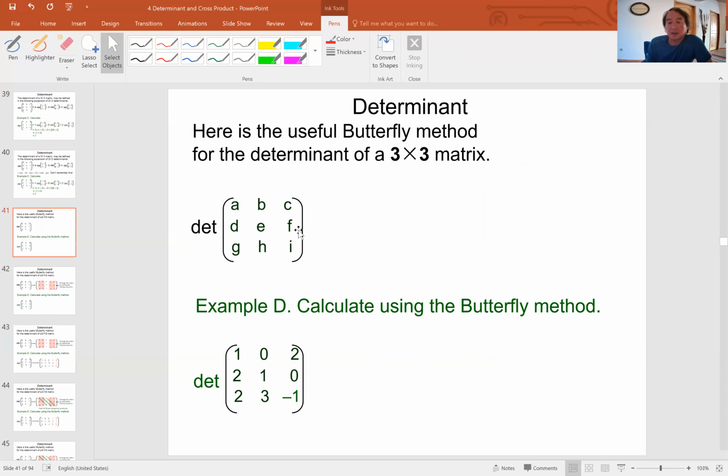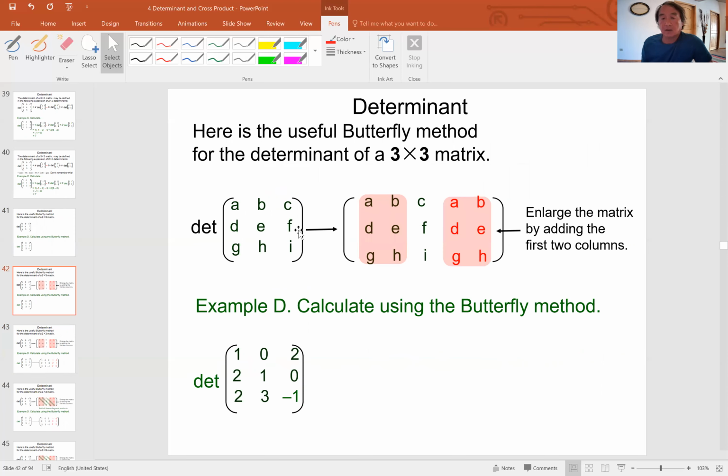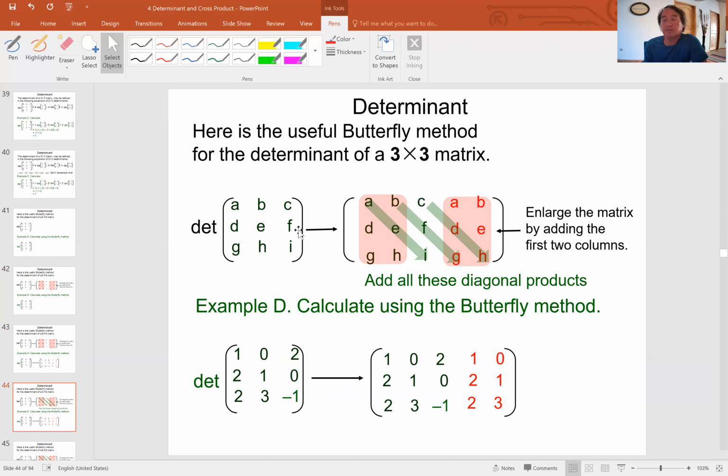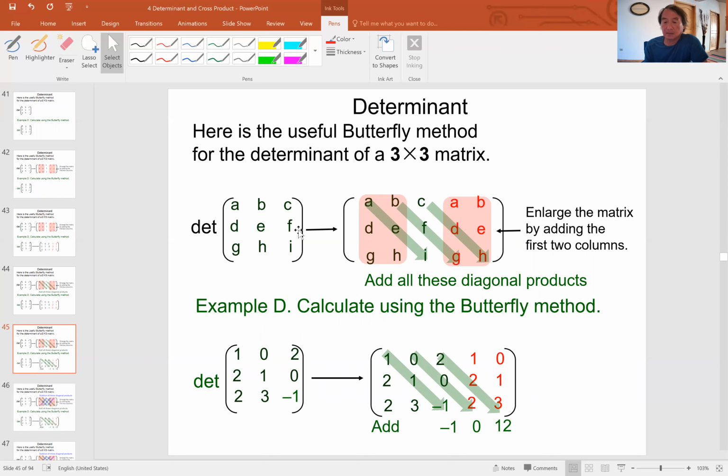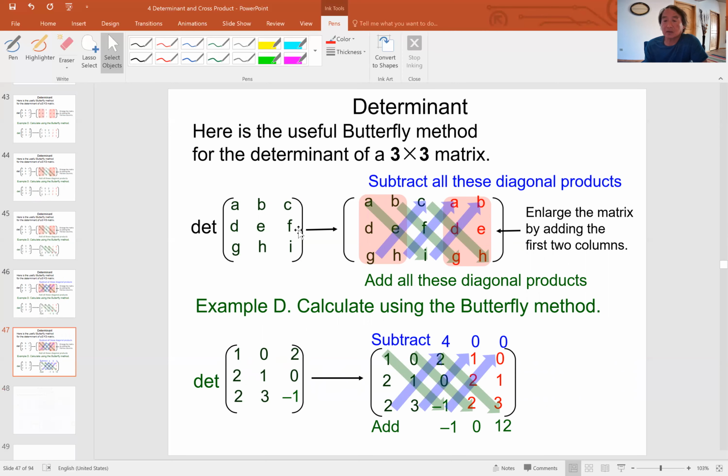And here's the butterfly method. You take the matrix, copy the first two columns over on the side, and then go down the diagonals, multiply, and add those. Then you go up the diagonals and subtract those.